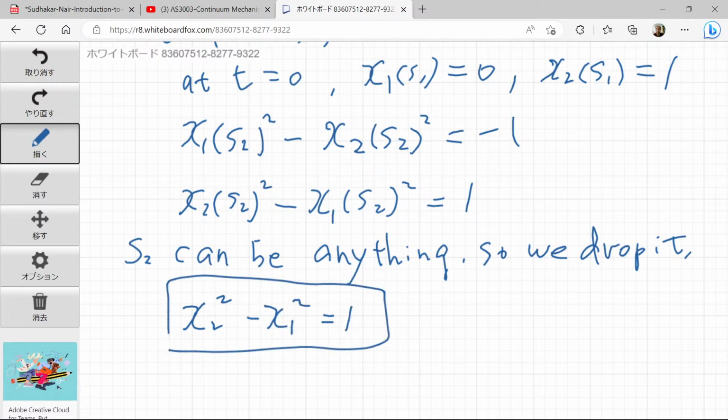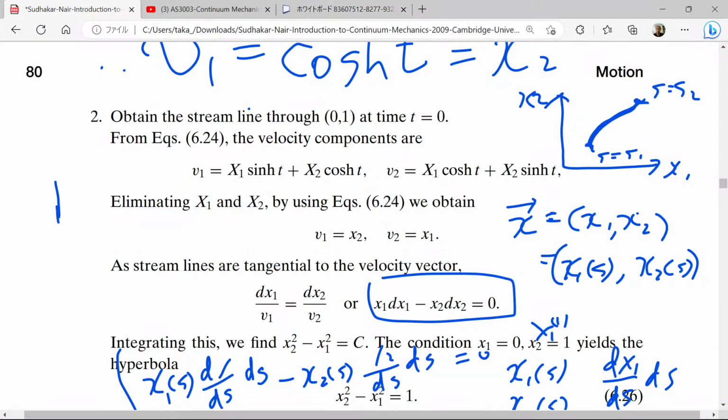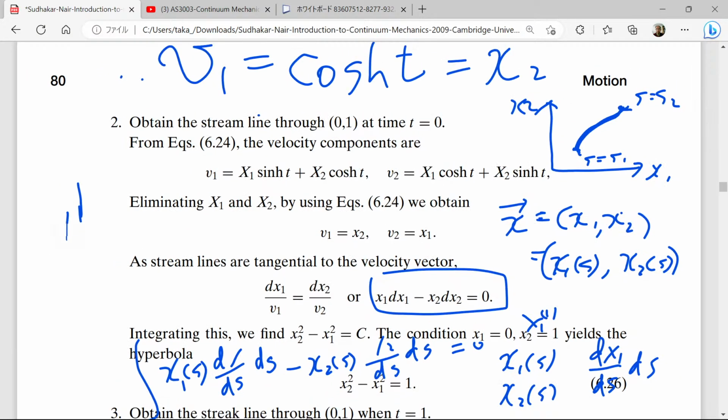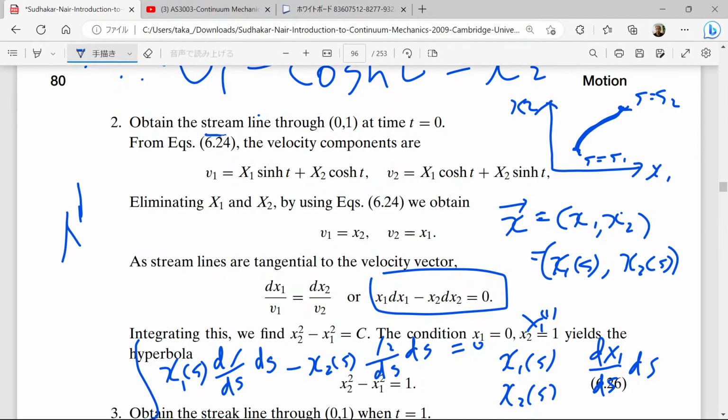So this is the streamline. This is the streamline through 0, 1 at t equals 0.